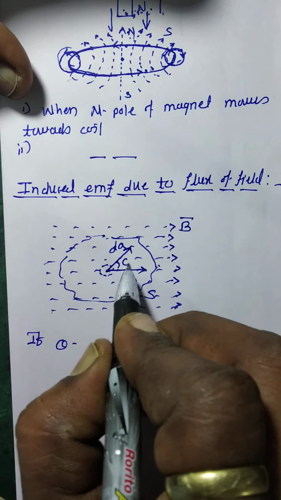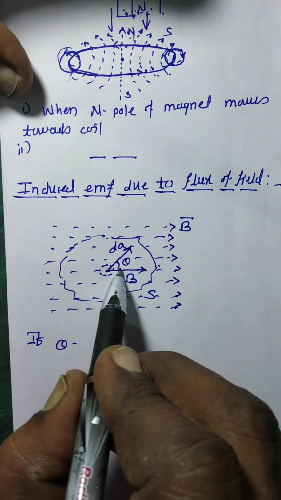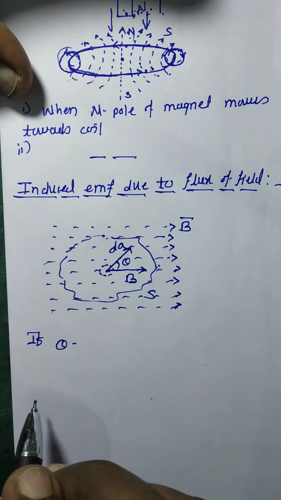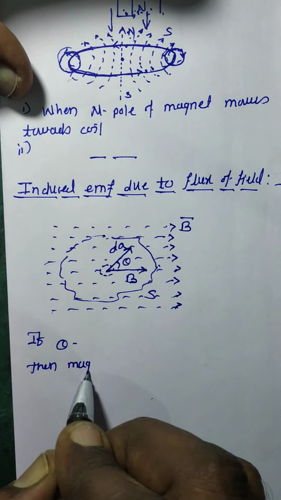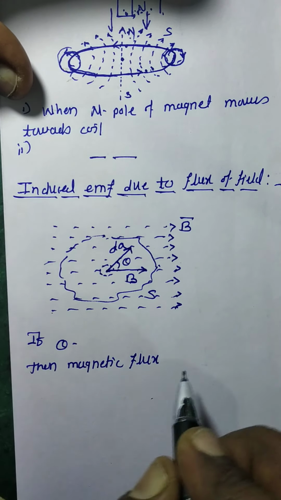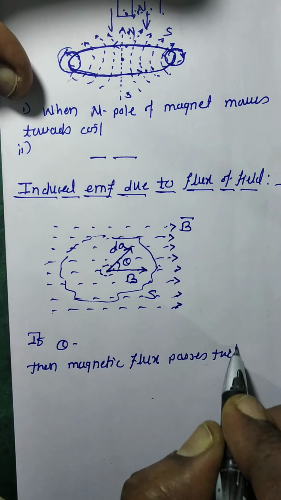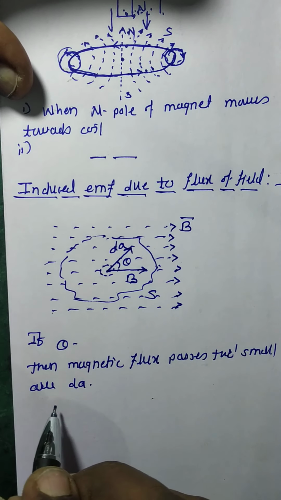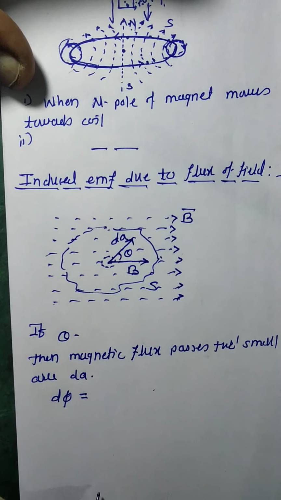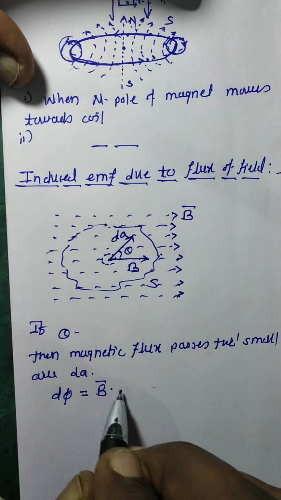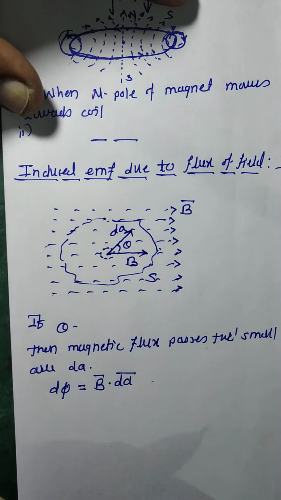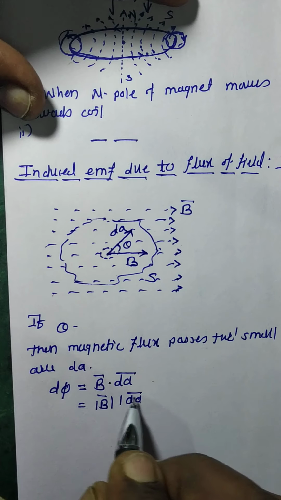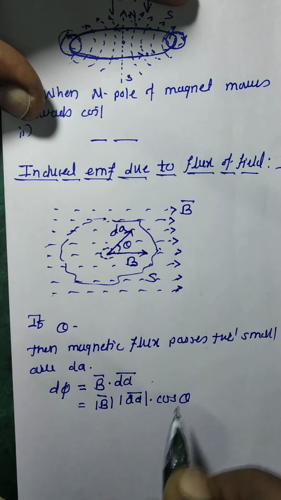If theta is the angle between the direction of magnetic field and the vector area dA, then the magnetic flux that passes through the small area dA, that is d phi, is equal to B dot dA, which is nothing but the magnitude of vector B times the magnitude of vector area dA times cos theta.